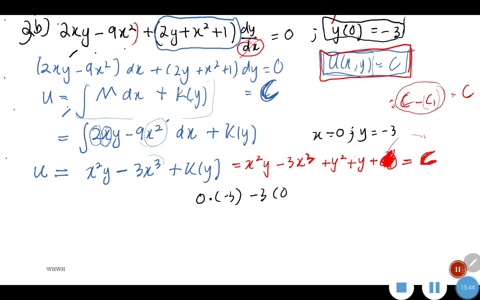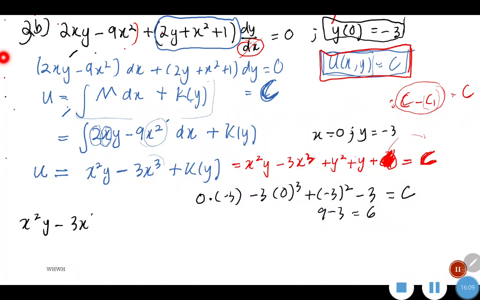Yang ni pun 0 kuasa 3 tambah dengan negative 3 kuasa 2 tolak 3, equals to C. Then from here, we get our C equals to 9 tolak 3, which is equals to 6, right? So meaning our answer here is x square y minus 3x cube plus y square plus y equals to 6.